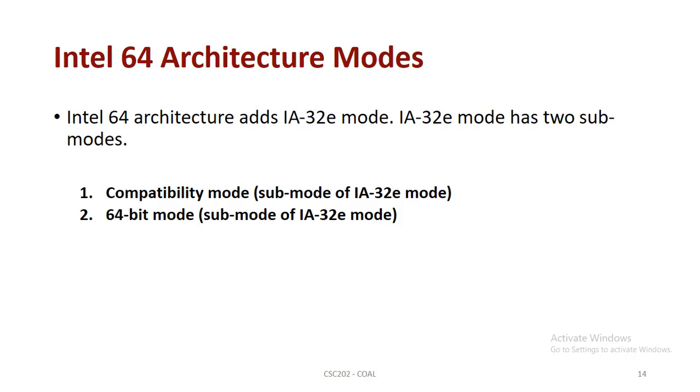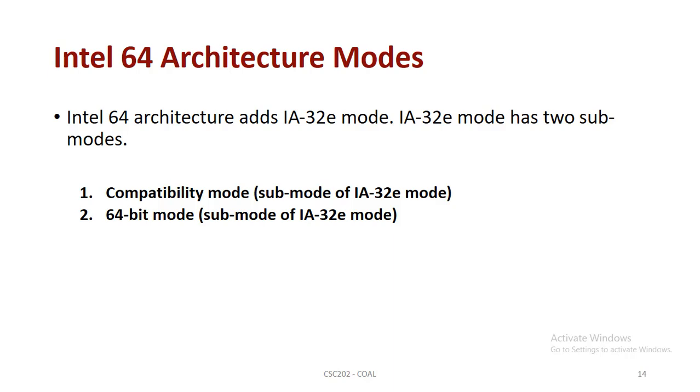Okay, before going into the next section, let's discuss the available modes in Intel 64-bit hardware, right? So the Intel 64-bit microprocessor has added one mode, that is the IA-32e extension mode, right? And it has two sub modes actually.